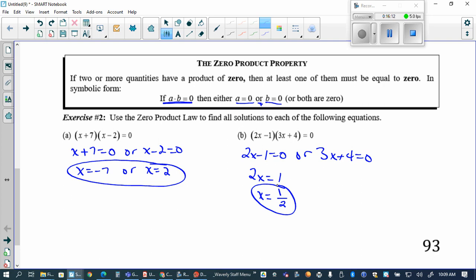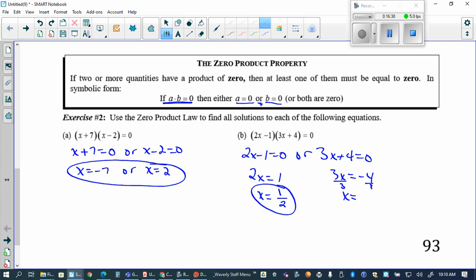Okay, over here. 3x equals what? -4. X equals? -4/3. I'm dividing both sides by 3.